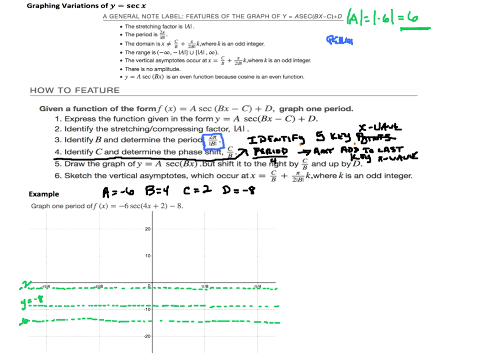So my period is 2 pi divided by the absolute value of 4, which is 2 pi over 4, or pi over 2. And just so you know, that's approximately 1.57, just to give you an idea of where all this lives.